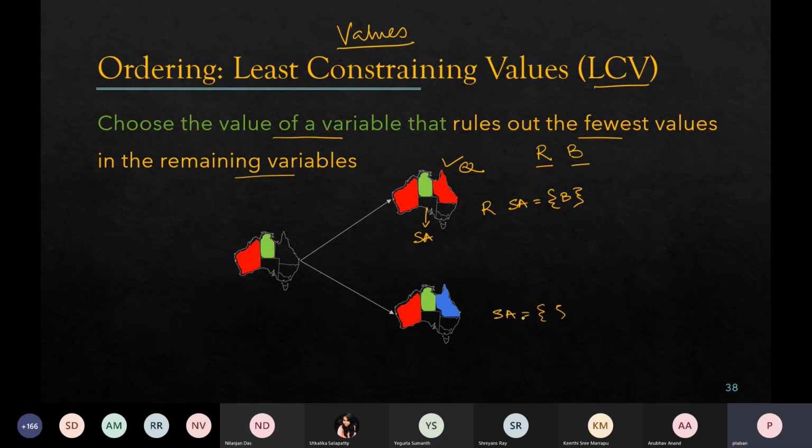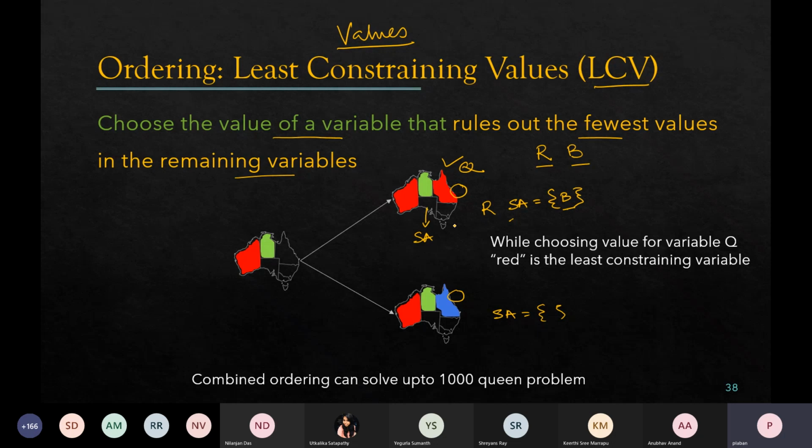Empty, right? So as per this ordering, we will be using the red value rather than the blue value, because we know that if we assign the red value here, it will rule out the fewest values in the neighboring or remaining variables, right?